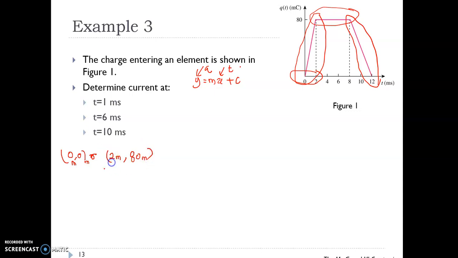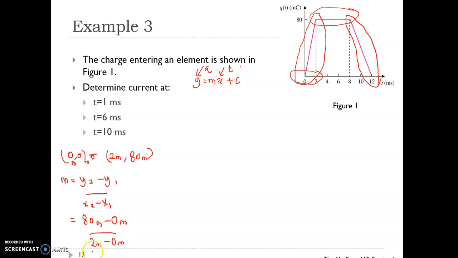Okay. So, how to find m? y2 minus y1 over x2 minus x1, which equates to 80m minus 0m over 2m minus 0m.